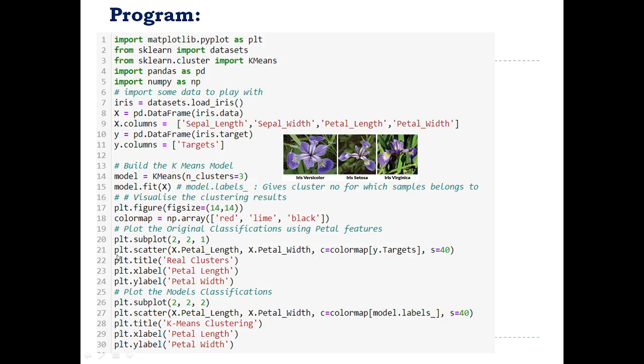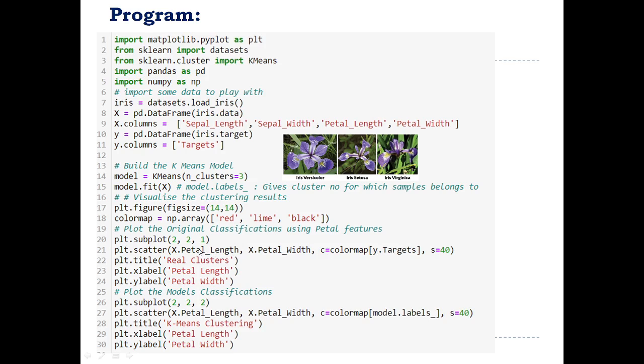Then we call the scatter function. Scatter function is a scatter plot. It's a diagram where each value in the data set is represented by a dot. The matplotlib module has a method for drawing a scatter plot. Here there are four parameters.